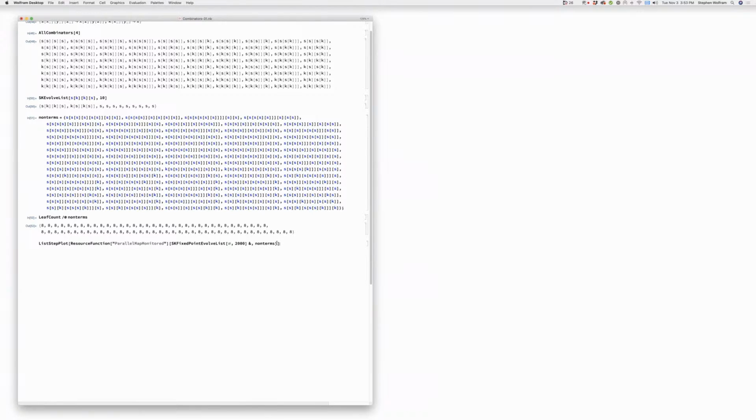And actually, why don't I go ahead and say plot label. Plot label is the actual combinator. And then I want to run this in parallel across my little network of computers.